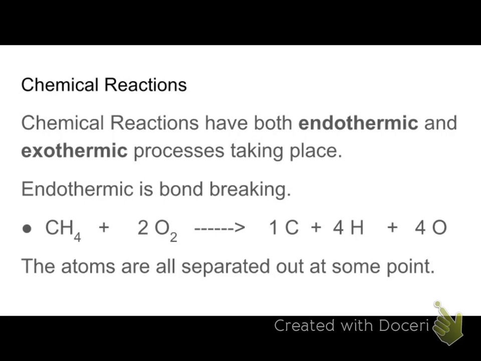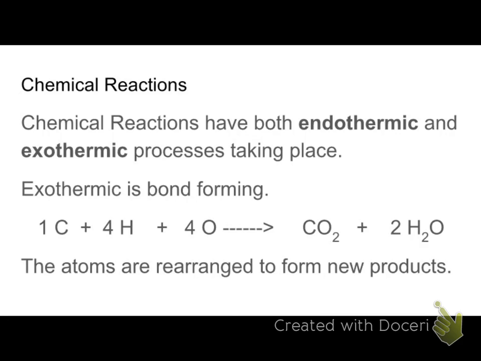That's the endothermic process. Got to break those bonds, and then they're all separate atoms. Now, this is what happens to those separated atoms. This is the exothermic process. Bonds form.